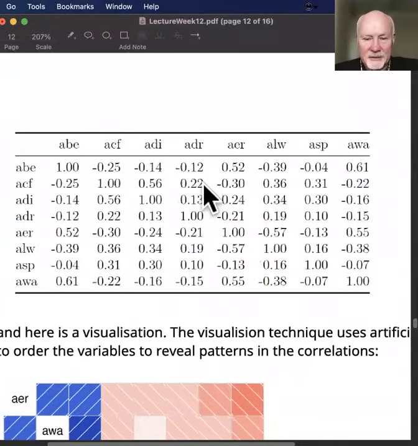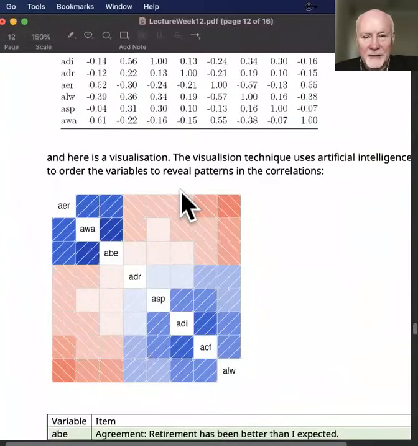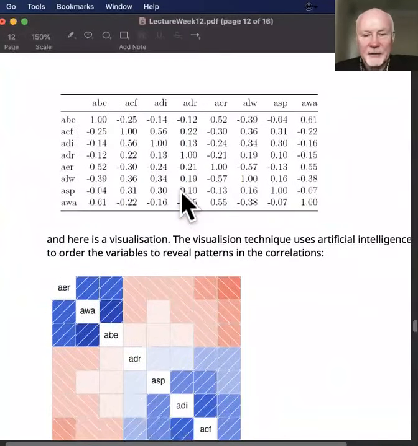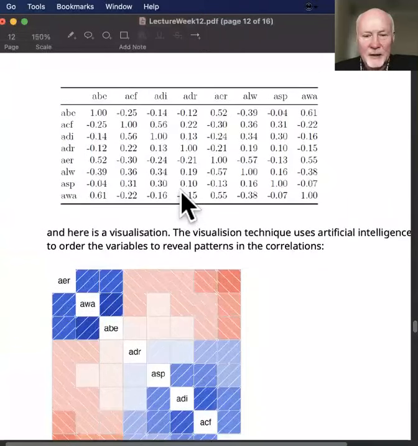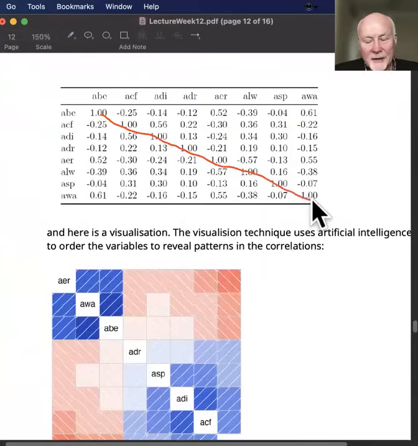Okay, so there's a table of correlations there. This is the unreversed data. So I haven't reversed the negatively worded questions. So I've got a table of correlation coefficients there, and I'm sure you've seen these now in articles. So you have a diagonal line of ones down there. Everything has a correlation of 1 with itself.